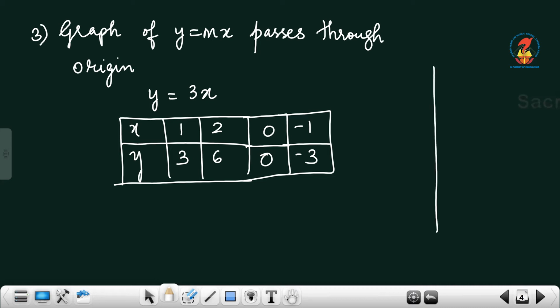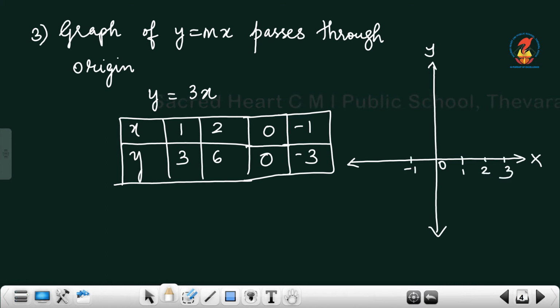Now we will draw the graph. Y axis and x axis. 1, 2, 3, -1, -2. Y's value 3, 6, 9, -3, -6.